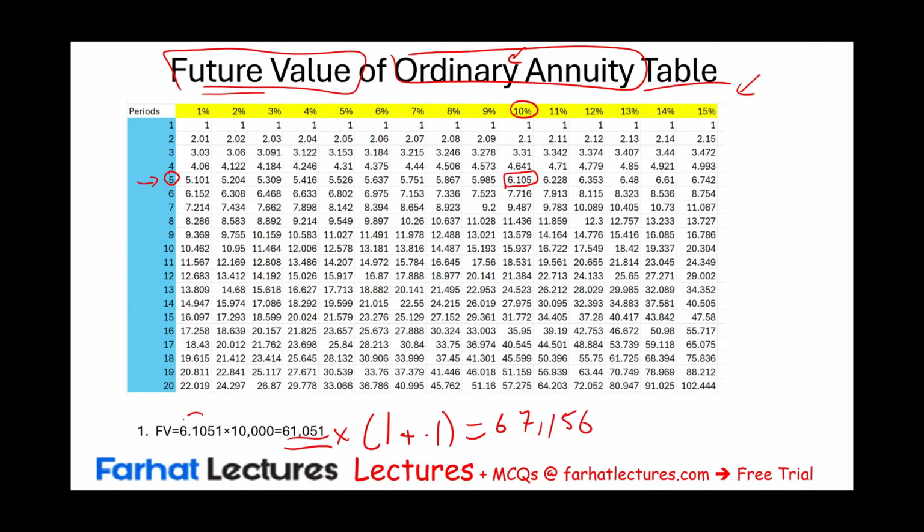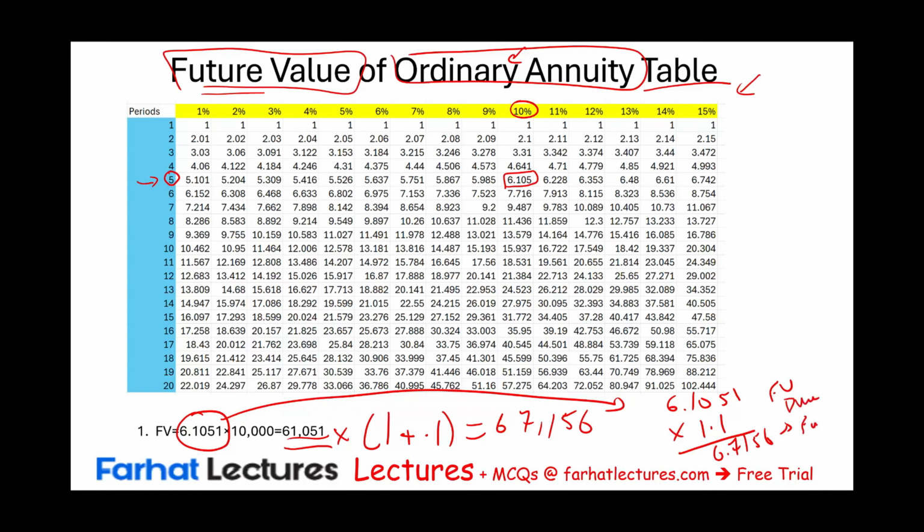Once you find the factor is 6.1051, multiply the factor by 1.1, you will get 6.7156, and this is the future value annuity due factor.